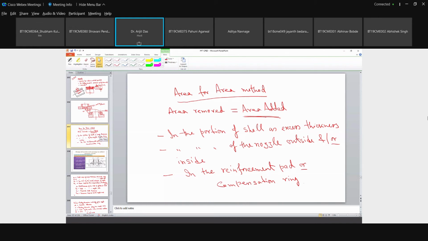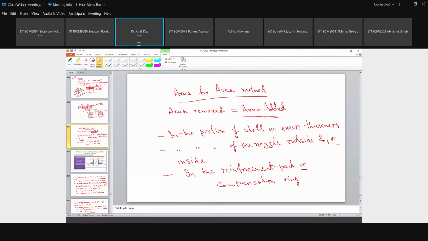So this is the method for compensation of the area for the nozzle, and we will know the stepwise calculations for the compensation area, how much area is needed, what diameter or thickness, and where it should be fitted or welded. So that is known as the area for area method.